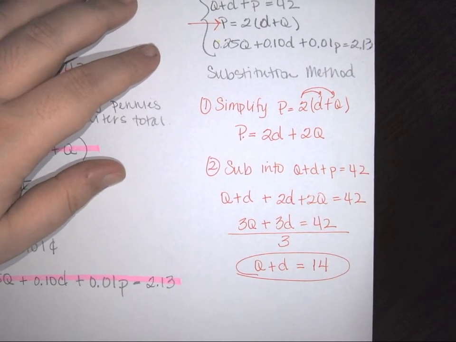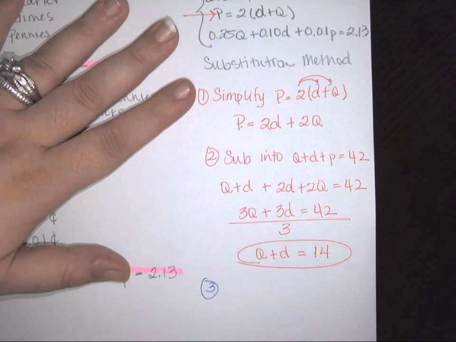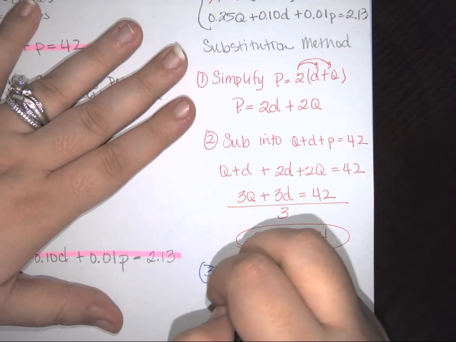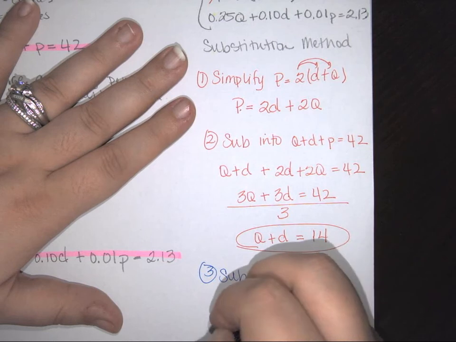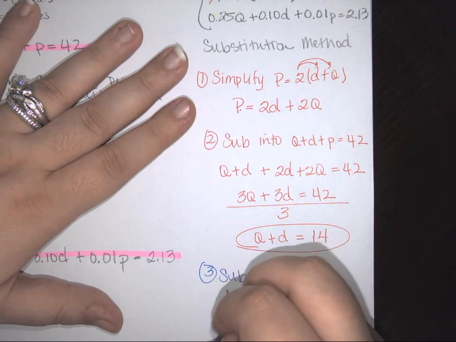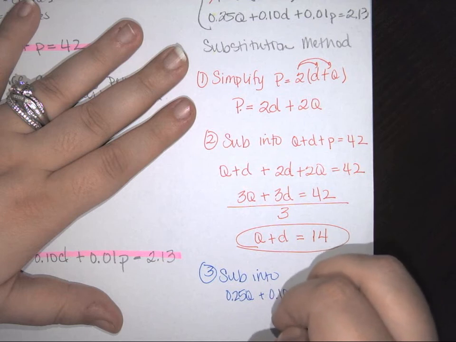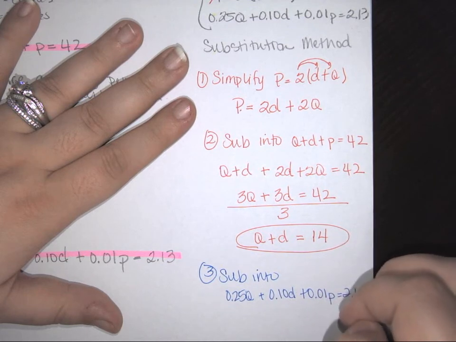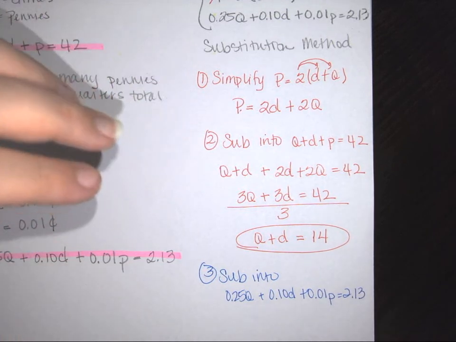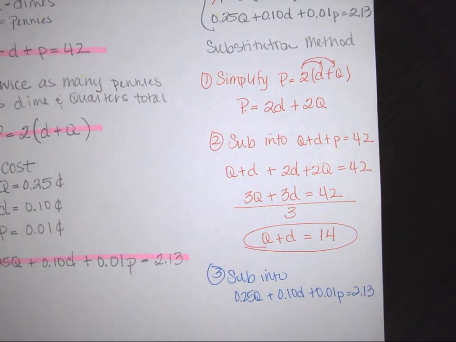So my second step, or my third step, is going to be that I need to again substitute into my equation 0.25Q plus 0.10D plus 0.01P equals 213. So let's go ahead and actually do that.